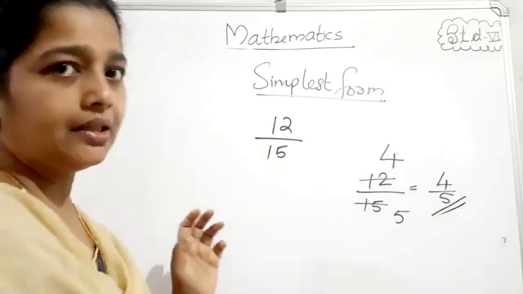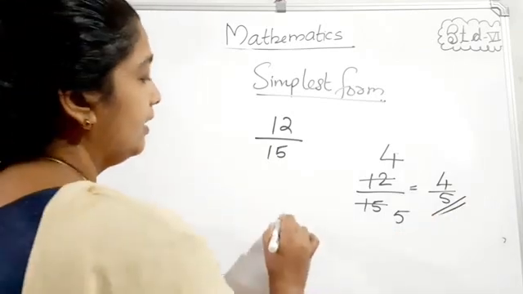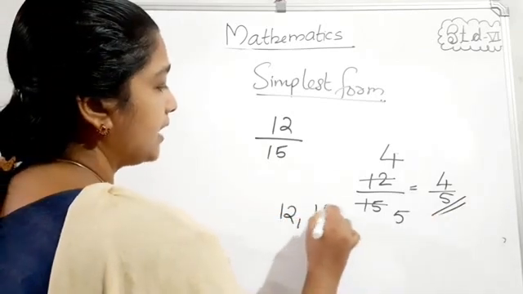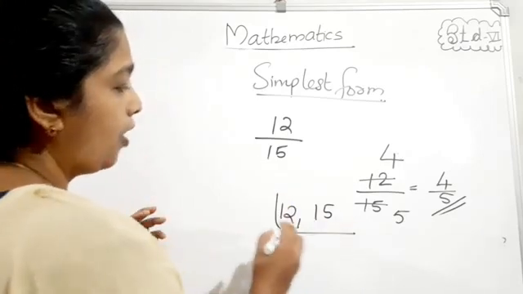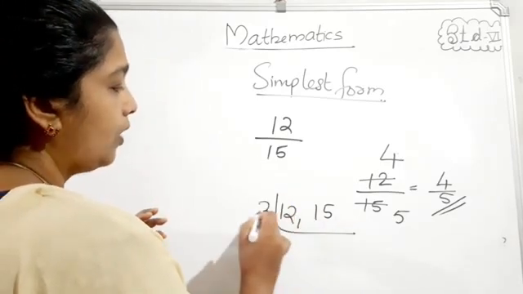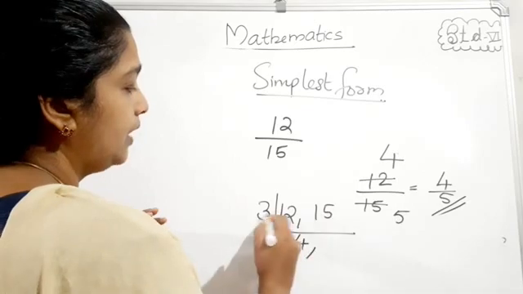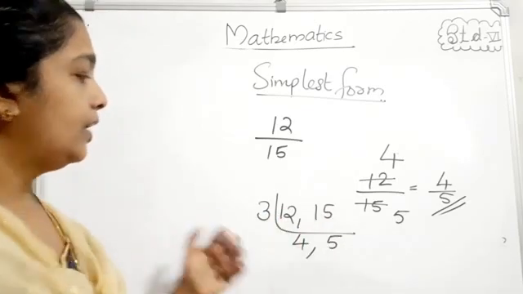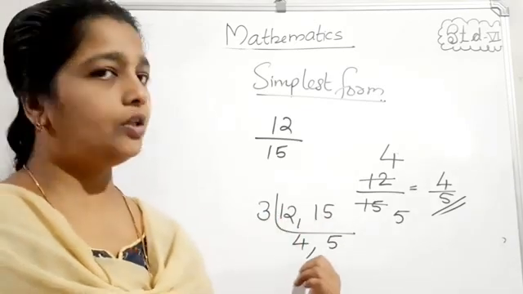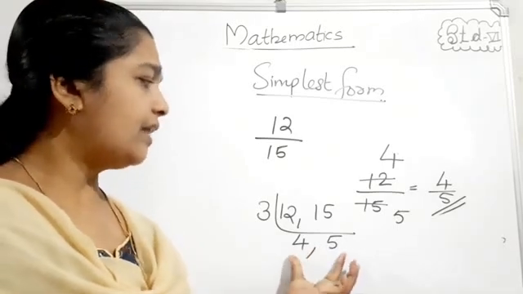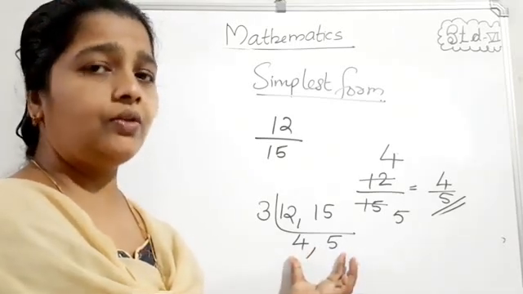This is one method. Another method: we find the HCF, which is the common factor 3. 12 by 3 equals 4, 15 by 3 equals 5. Is there any common factor now? No. So this is the final answer, 4 by 5 you can write.